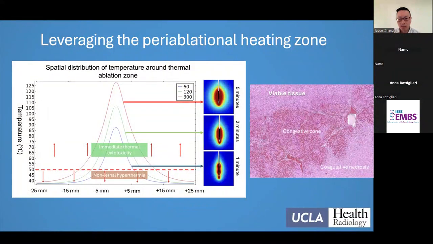From your perspective and your experience, how likely is a clinician willing and able to deliver sublethal temperature in a clinical setting? That's a fantastic question.